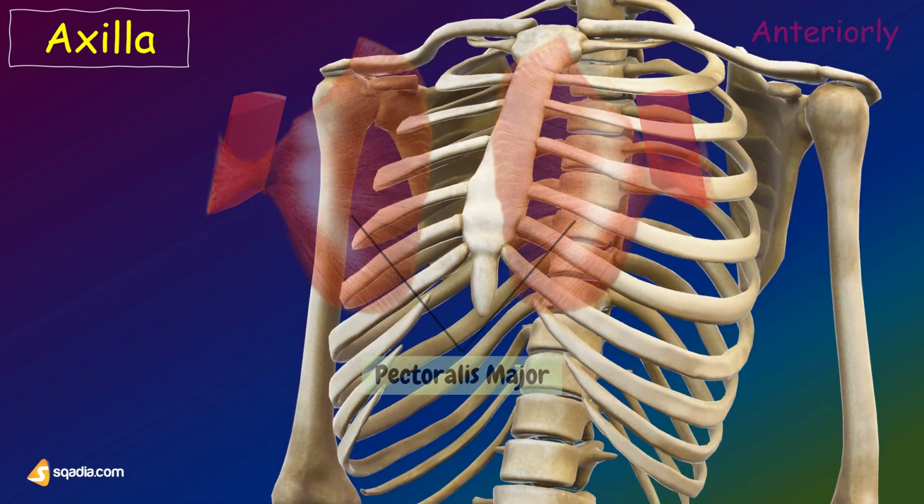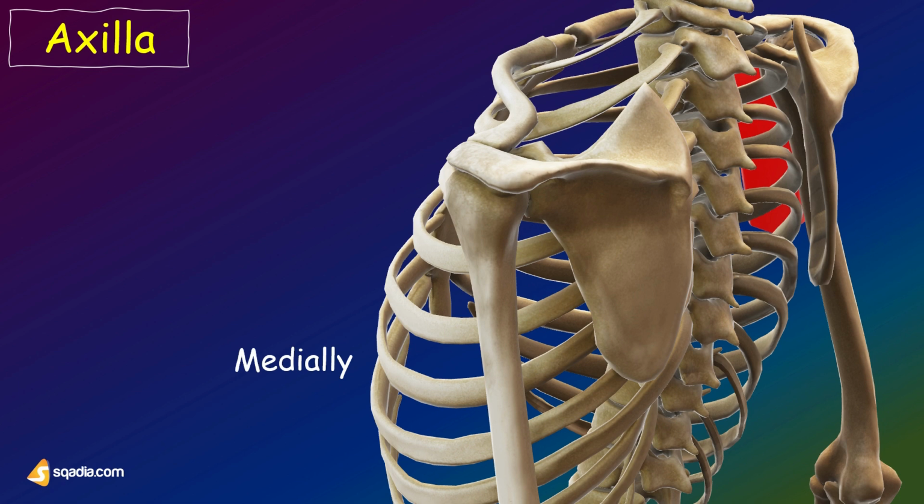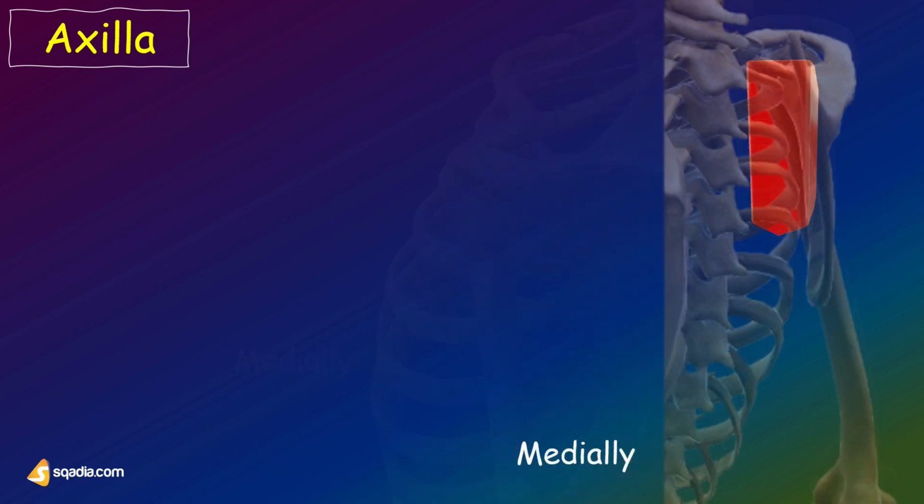If we look from the inside like this, we see the medial surface of the axilla. This area comprises ribs, intercostal muscles, and part of the serratus anterior.